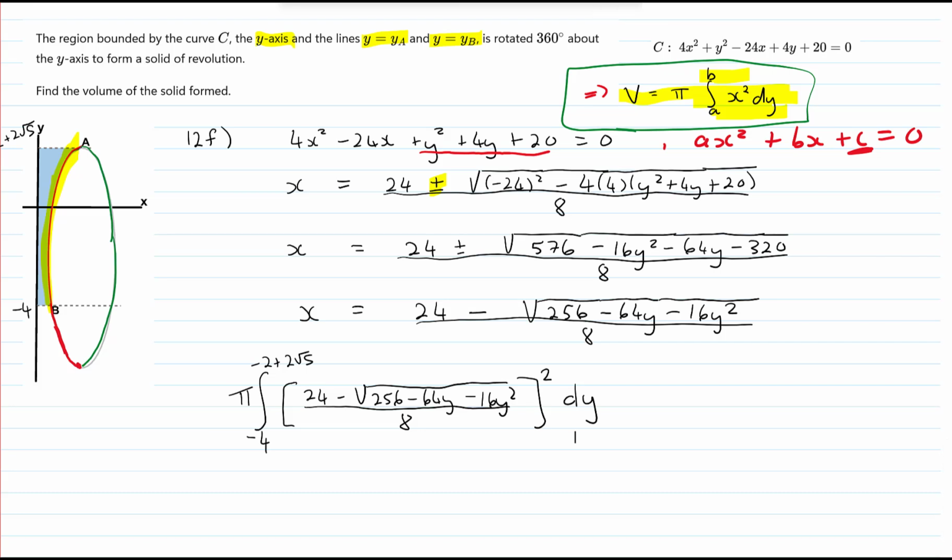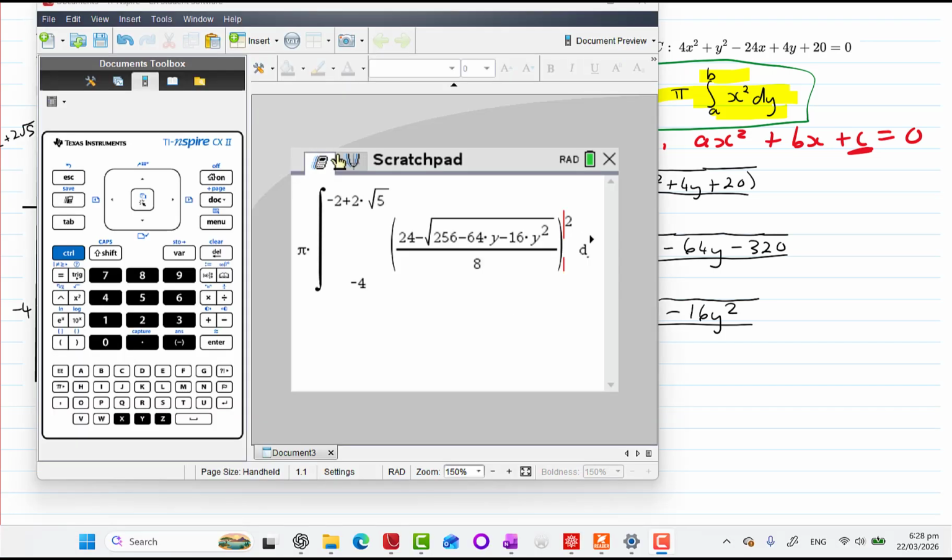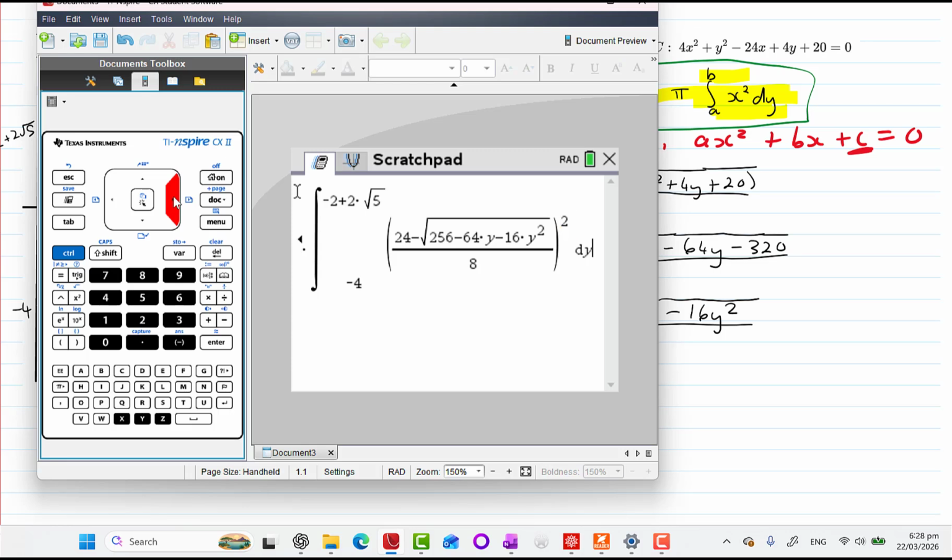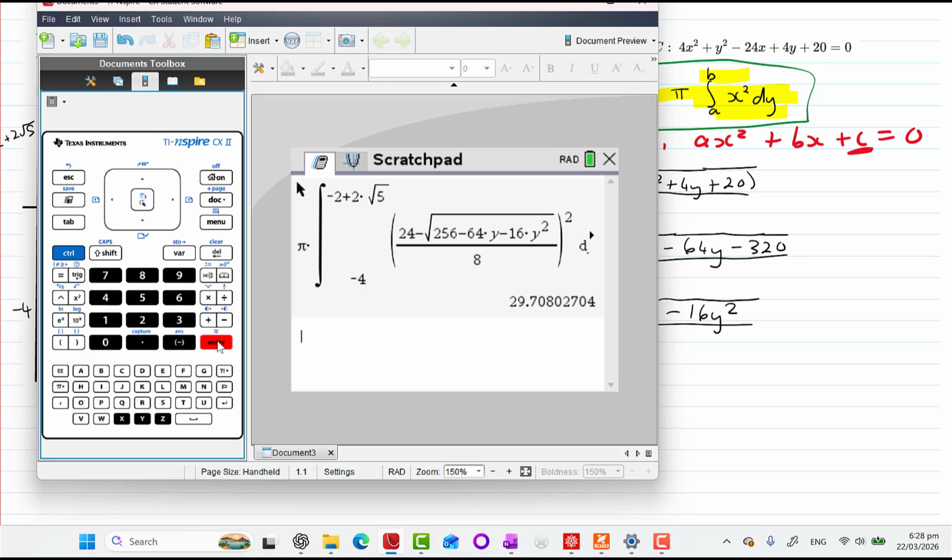So don't try and solve this without a calculator. In paper 2, remember we can always use the calculator. So I'll bring the calculator up now. Okay, so there it is entered into the calculator. I just entered it already to save a bit of time. And then we're taking the integral with respect to y, and we'll enter that in. And then we get 29.708 and so on.